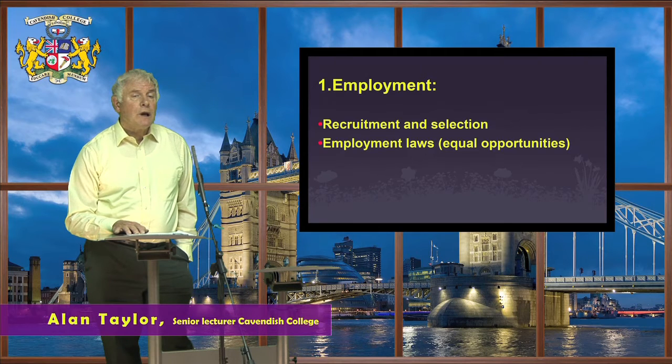It will relate to many things, including age, gender, race, and religion. Equal opportunities. Anyone should have an equal opportunity of obtaining that particular post in relation to their qualifications, their education, their experience. No one should be disqualified at the outset in relation to age, gender, race or religion.